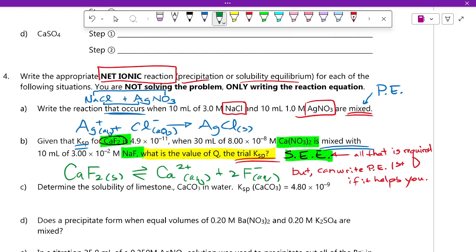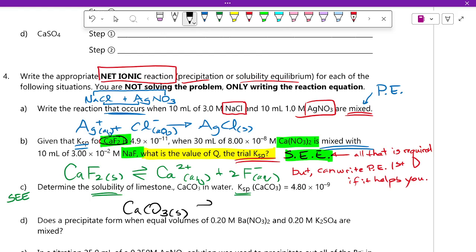Determine the solubility of limestone. We are given the KSP. What would we be writing? The C, yes. Thank you. Where does the solid go? Solid goes on the left. CaCO3, solid. One-way arrow or equilibrium arrow?